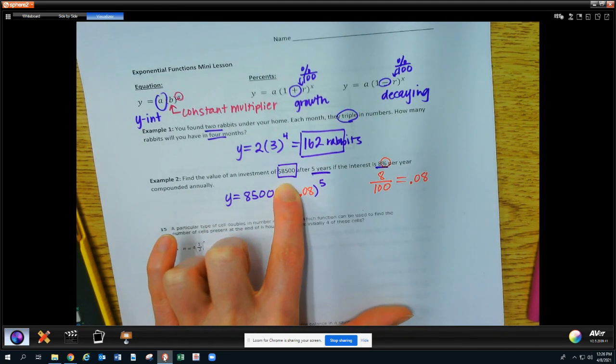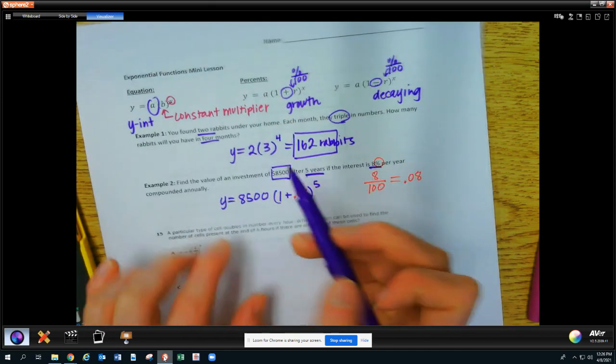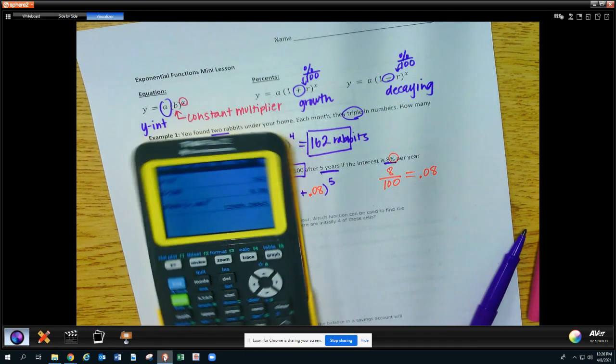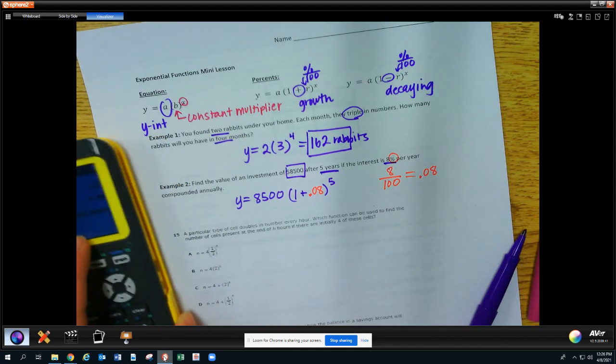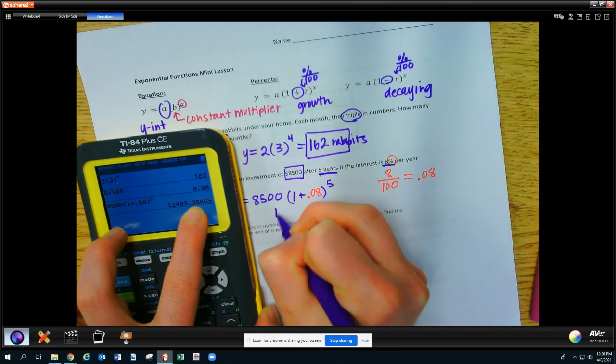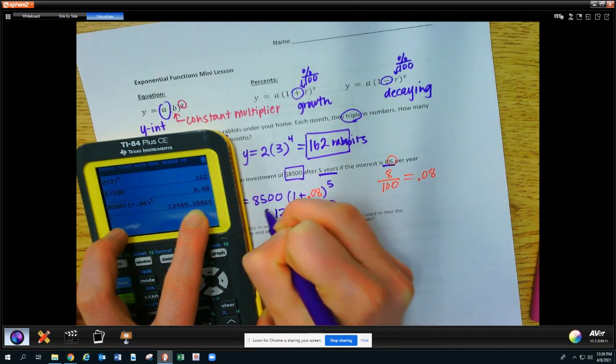Anything smaller than 1 is going to decay, and very quickly. You have to add it to 1 in order to grow. So you can type that in your calculator: 8,500 times 1 plus 0.08 raised to the 5th power. Since this is money, we're going to round it to the nearest cent. So 12,489.29.